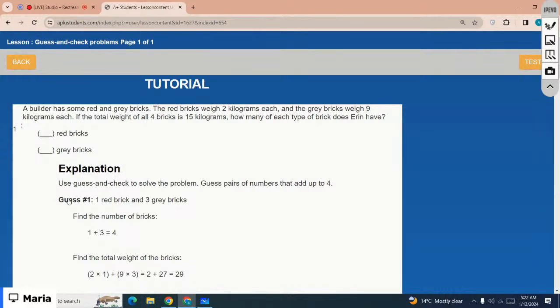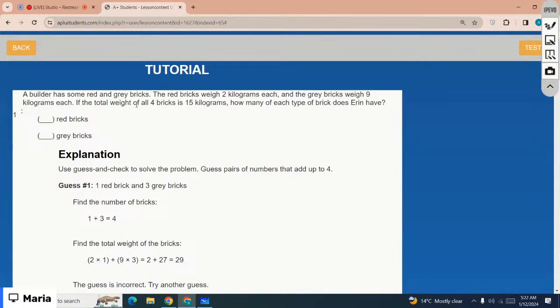Okay, the question is, there are a total of 4 bricks and the weight of the 4 bricks is 15 kilograms. How many of each type of brick does Aaron have? You have to calculate how many of each color you have, right?